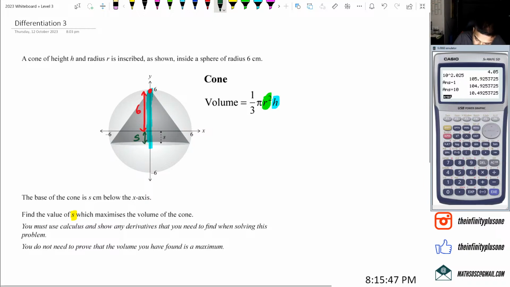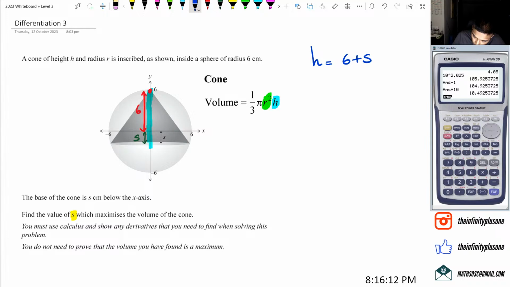So our first thing is that the height is equal to 6 plus s. Let me know if you guys are good with that, because that's the first step. We're going to get rid of h, and we're going to leave it with 6 plus s. This is what you need to do with optimization questions. You always have to get rid of one of the letters, right?